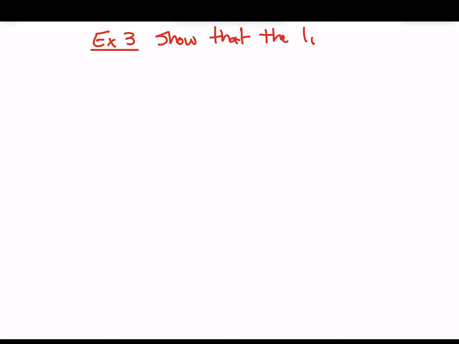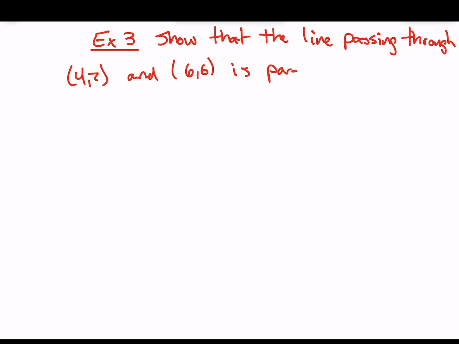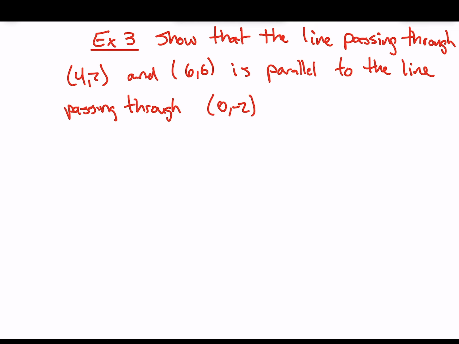Show that the line passing through (4, 2) and (6, 6) is parallel to the line passing through (0, -2) and (1, 0). Okay, so we need to find the slope of both lines.